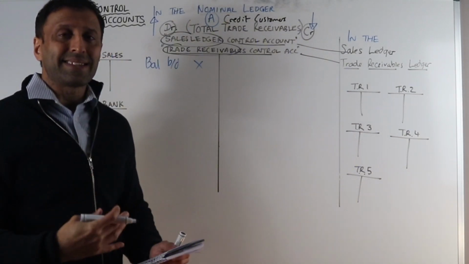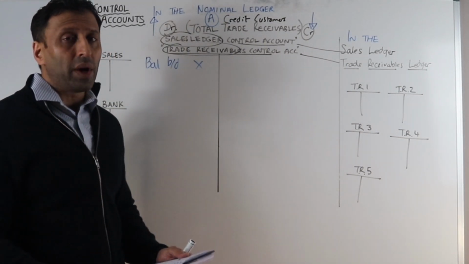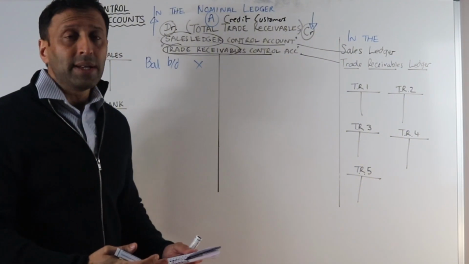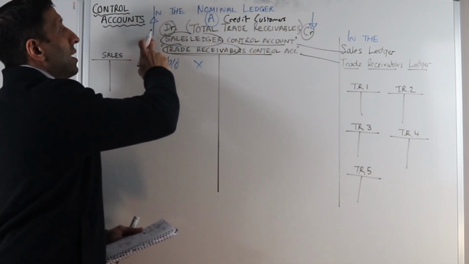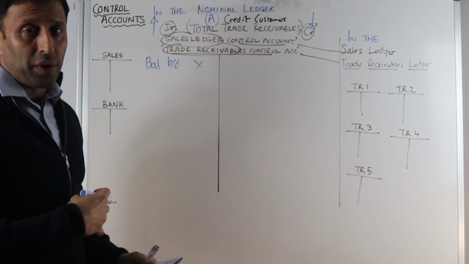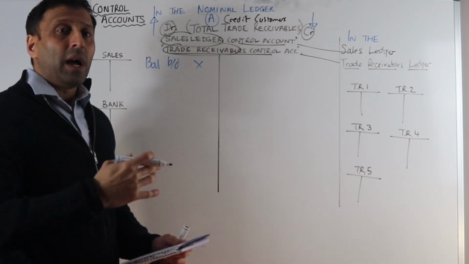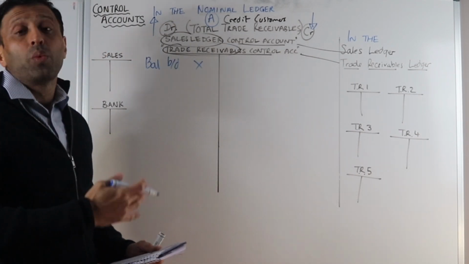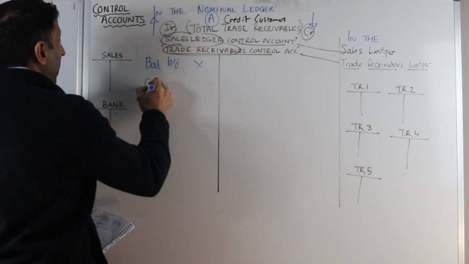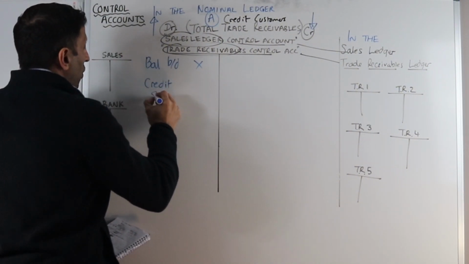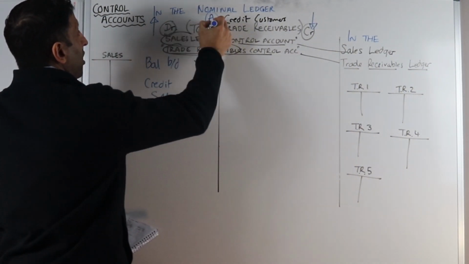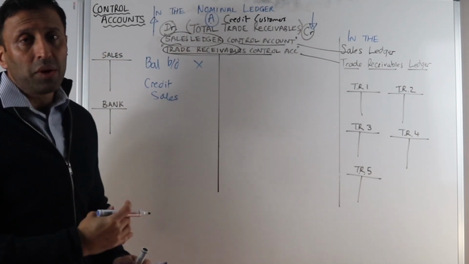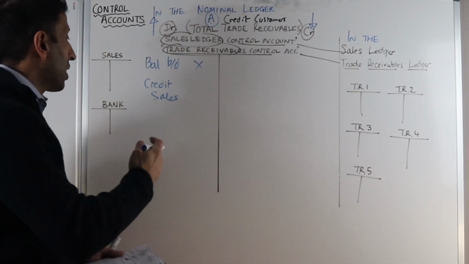Then if we make credit sales, we make sales to our credit customers where they don't pay us, then that will increase the asset, increase how much we are owed. So if we make more credit sales and those customers do not pay at that time, then the amount we're owed will increase. So any credit sales will go on the increase of the asset. Our asset of trade receivables is going to increase because we're owed more.